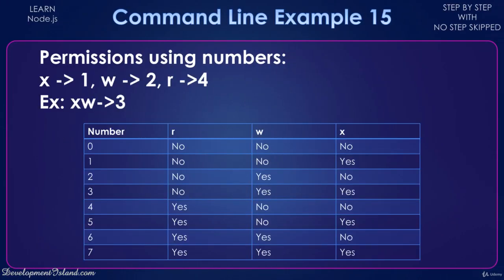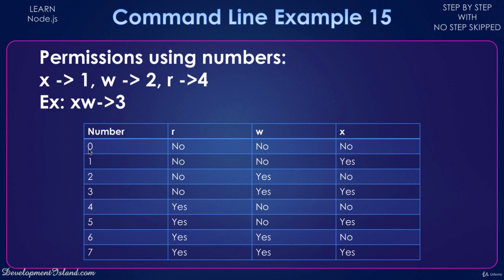So this time we want to explore the new way of dealing with permissions using numbers. So this is a modern way which is less confusing than the old style. So here we're going to be using numbers. Each number refers to a combination of permissions.